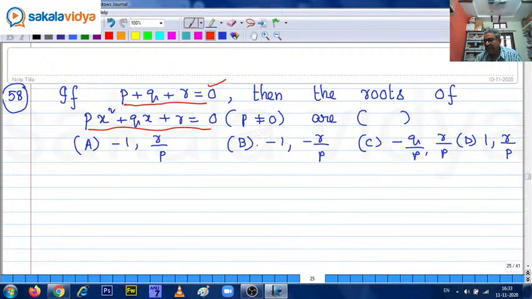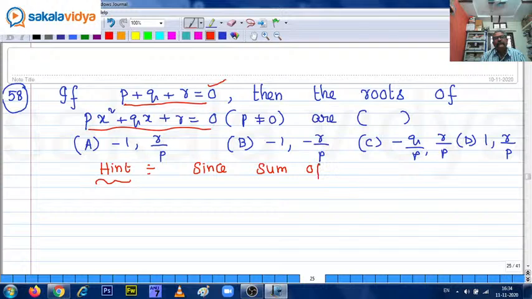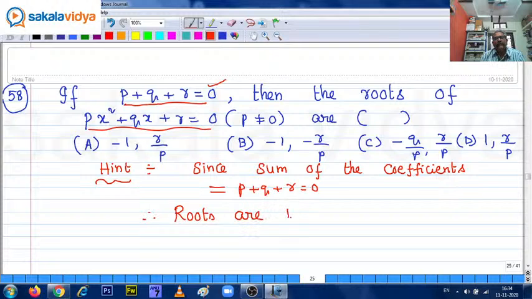Then one root is 1, and the other root is found from the product of the roots. Since the sum of the coefficients, P plus Q plus R, equals 0, the roots are 1 and the product of the roots, which is the constant term by the x square coefficient, R by P. So option D is the right option.